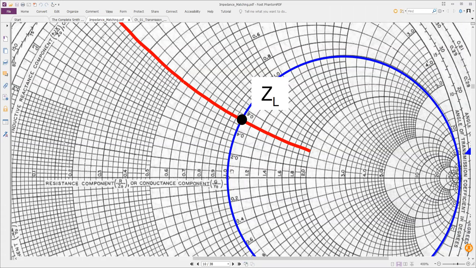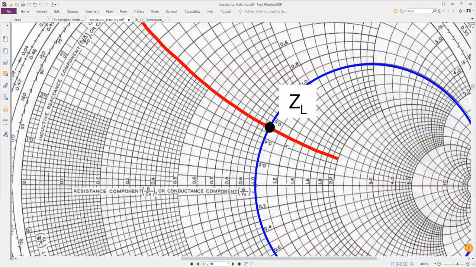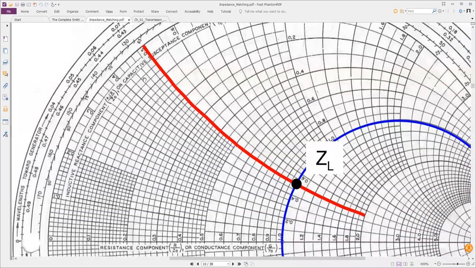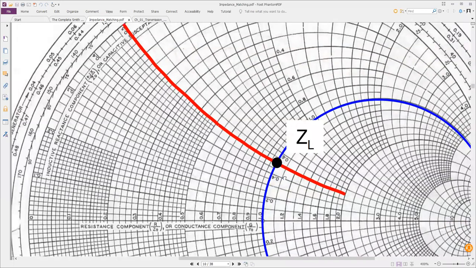Then the reactance is 0.5, that means the inductive reactance circle. Inductive reactance 0.5, so 0.5 will be here. This one is the next circle.